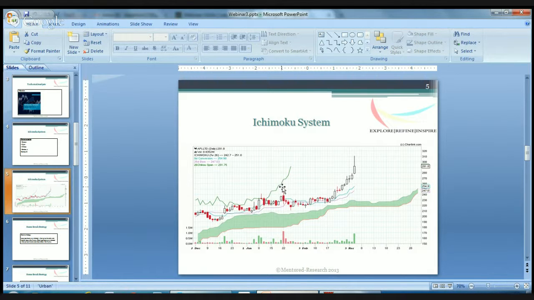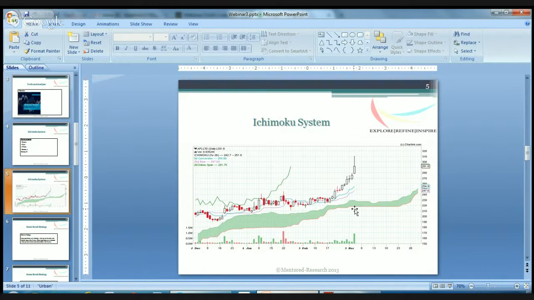In the Shikao, you went back 26 days, and in the Senekau A, which is also called span A, and Senekau B, which is also called span B, you just project it 26 days in the future. Okay. So this point is the average of this Tenkan and this Kijun right here for today's day, assuming this is today. All right. And same scenario with Senekau B.